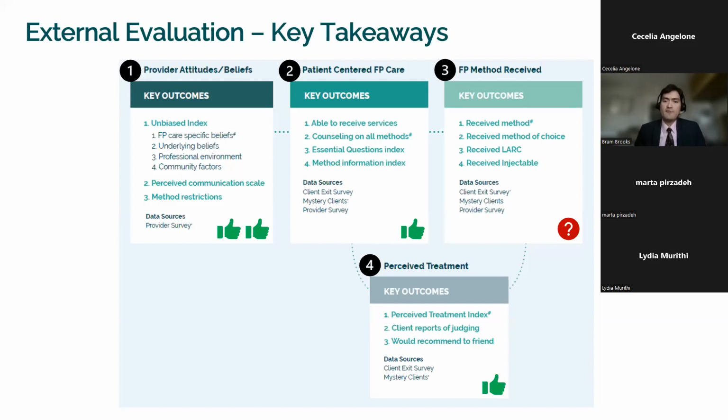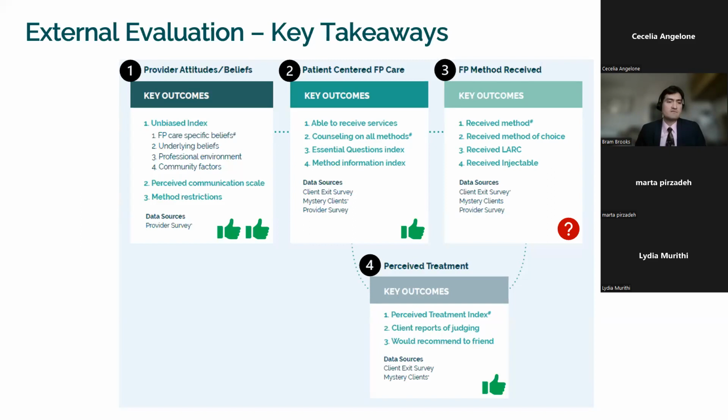And for FP methods received, domain 3 there, we did not see any effect in this particular domain. One reason for not seeing any effect in domain 3 is that FP use was already quite high in our study setting, which is most likely a result of layering the intervention on top of existing platform projects.